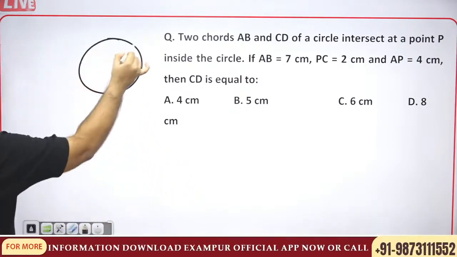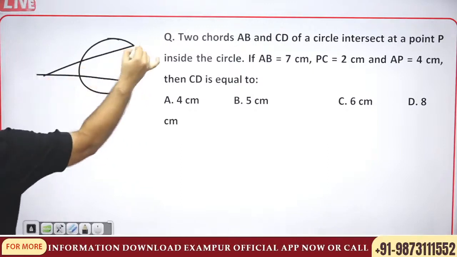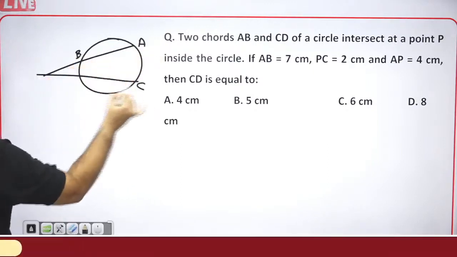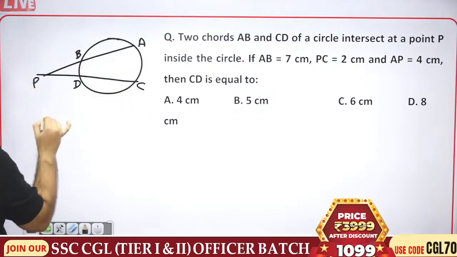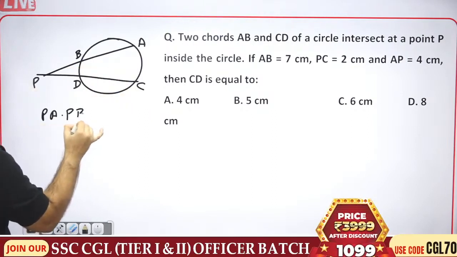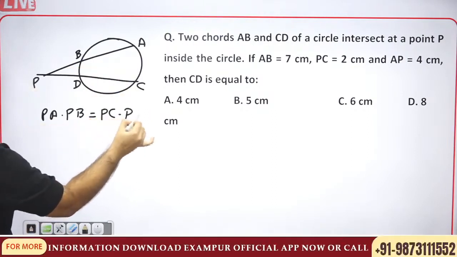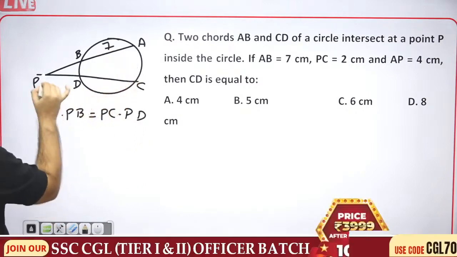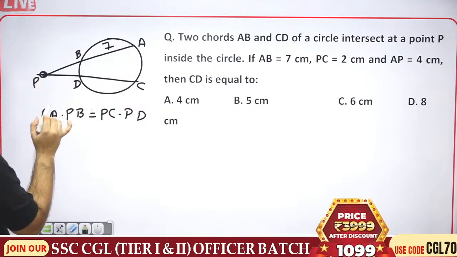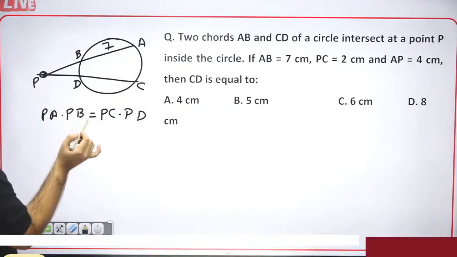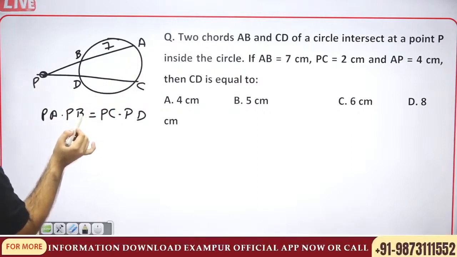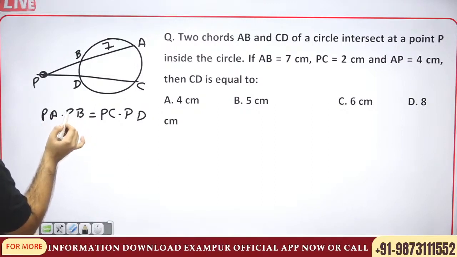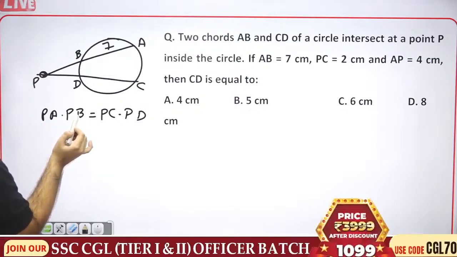ABCD. PA into PB is equal to PC into PD. AB is 7. PC is given as 2. And AP is given as 4.